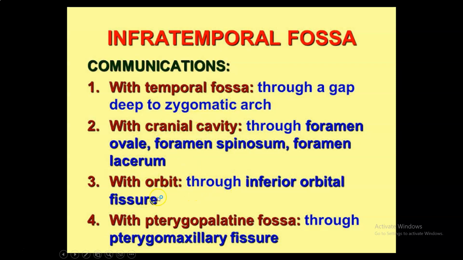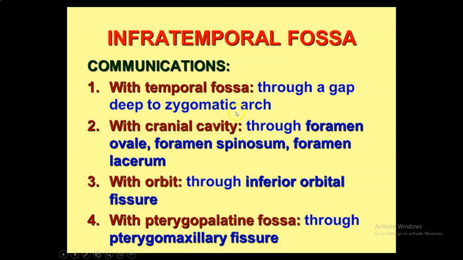Anteriorly, it is communicating with the orbit through the inferior orbital fissure, which is formed by the greater wing of the sphenoid and the maxillary bone. If you remember this, the inferior orbital fissure carries veins, and medially the infratemporal fossa is communicating with the pterygopalatine fossa through the pterygomaxillary fissure, as you will see.